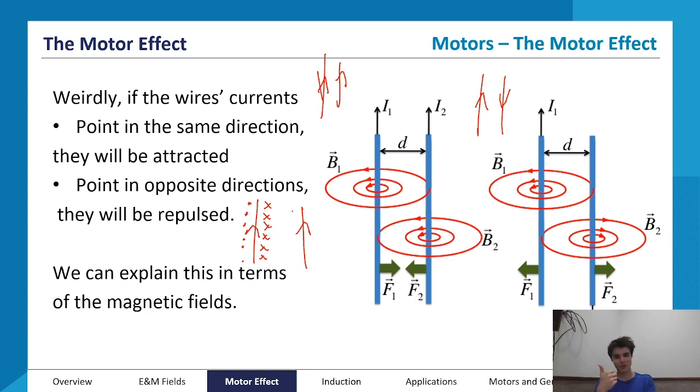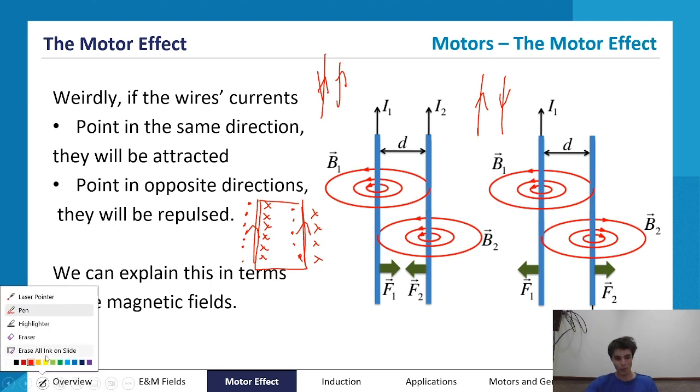So once again, it's coming out of the page on the left-hand side, and it's going back into the page on the right-hand side. And then you might notice, oh, look at this space in the middle. It's going in on one side and out on the other. That means those magnetic fields are going to be opposite to each other. And guess what? Those magnetic fields are going to attract each other, which is why when our currents are moving in the same direction, we actually get this force of attraction.